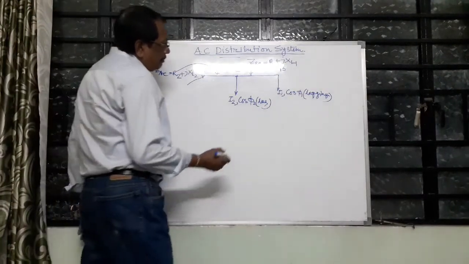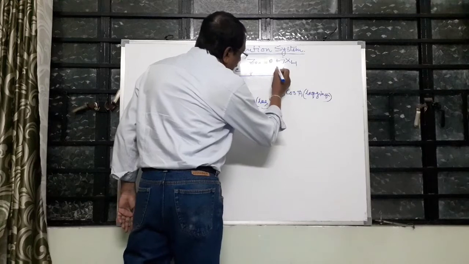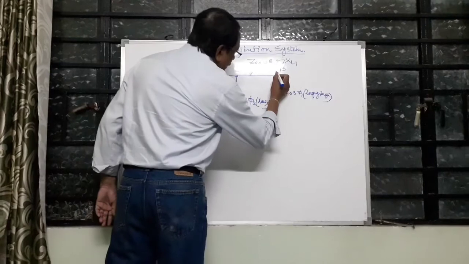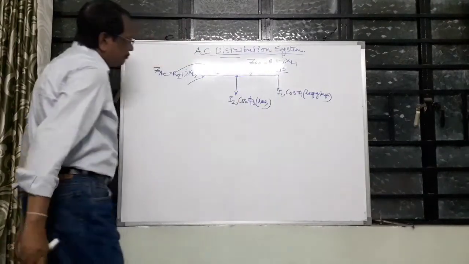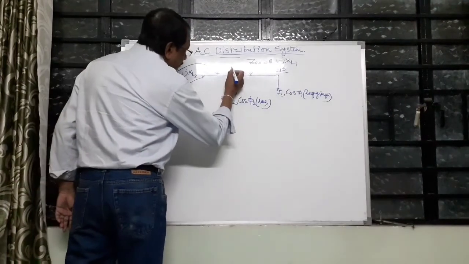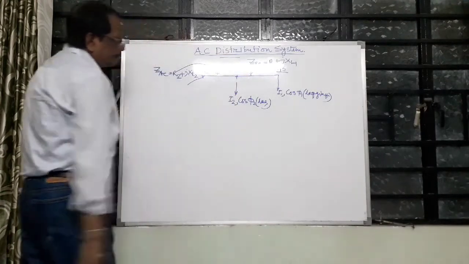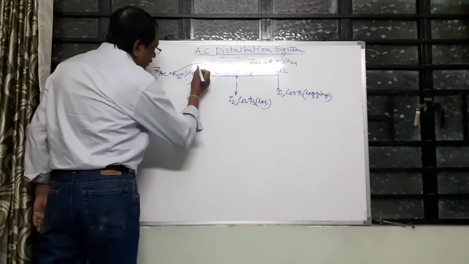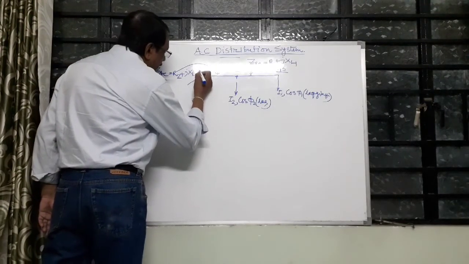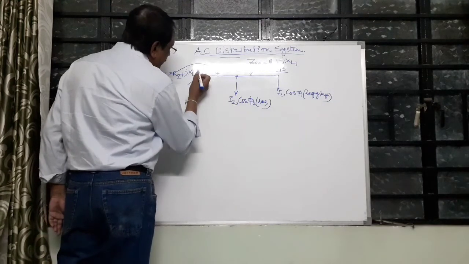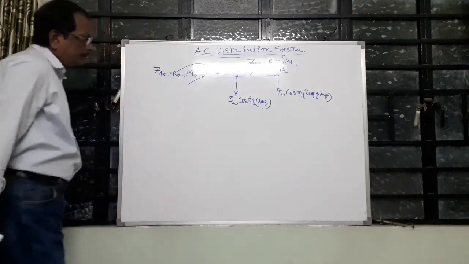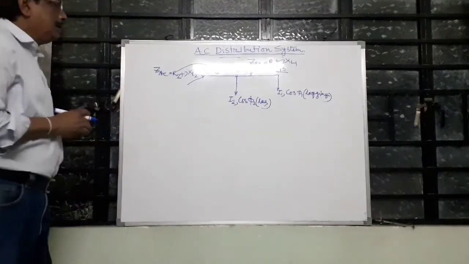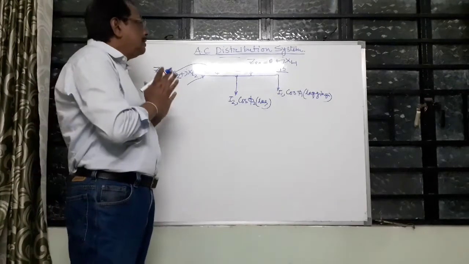Now let the voltage at B, the far end, be VB, the voltage at C be VC, and the voltage at A be VA. How can we calculate the voltage at different points?